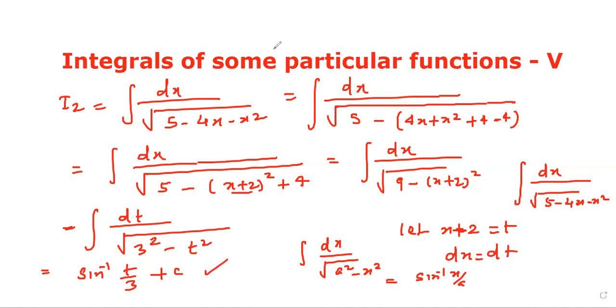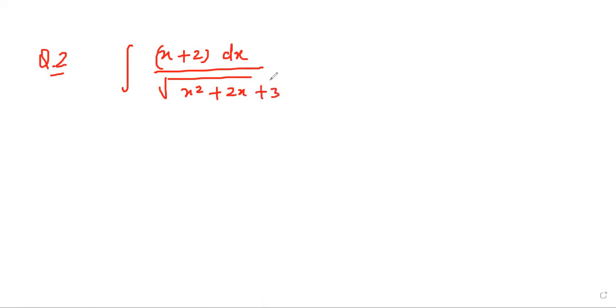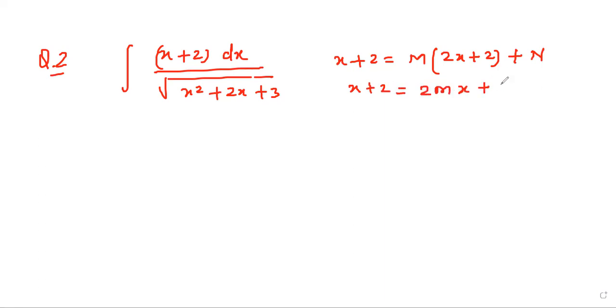Now consider second question. Question number 2. Integration (x plus 2) dx divided by root of x square plus 2x plus 3. Now again, let's write x plus 2 equal to m times differentiation of x square plus 2x plus 3, that is 2x plus 2, plus n. So x plus 2 equal to 2mx plus 2m plus n.